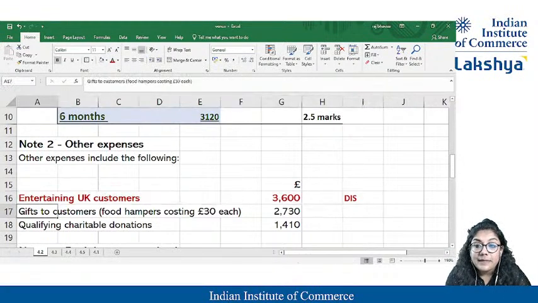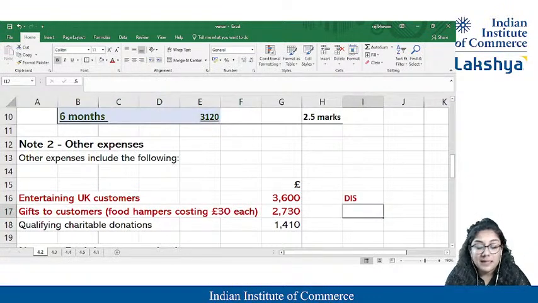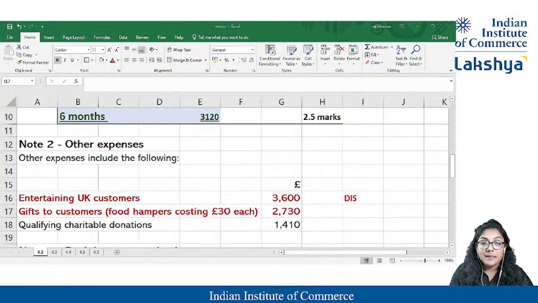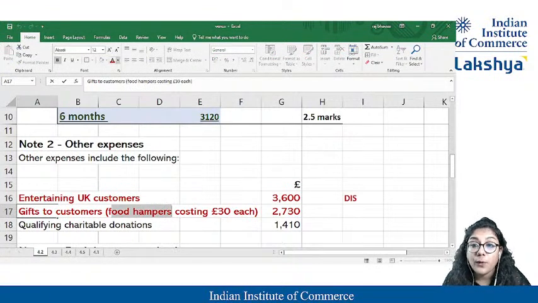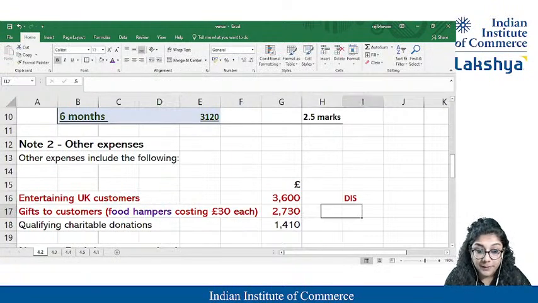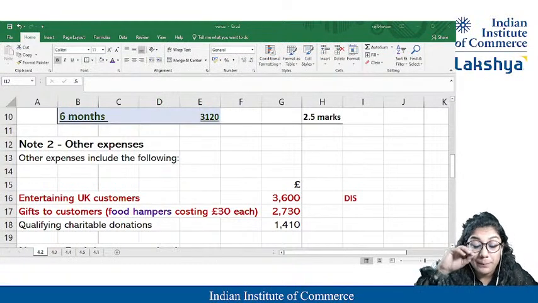Students, gifts to customers, is it allowed? You should remember this again. Students, if I am getting gifts with the name of food hamper, this is the most important word, food hamper, guys. When it is food hamper, like a food thing, it is completely disallowed.